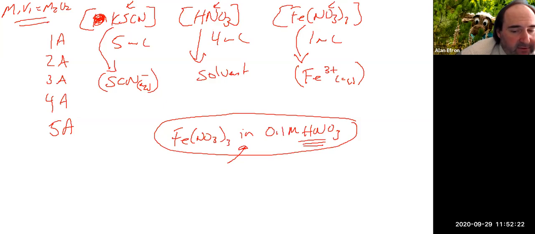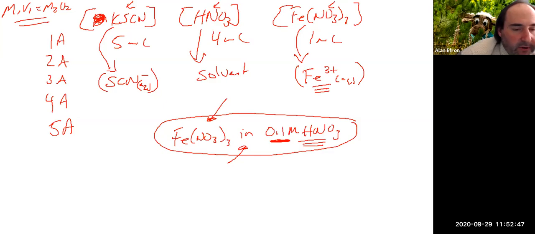So it has no effect, the nitric acid's concentration on anything. It is, again, just used as water, basically, or as a solvent in this particular case. So again, when you read that column, it says like iron 3 nitrate in 0.1 molar nitric acid. It basically is just iron 3 nitrate, and iron 3 nitrate is basically just the source of iron 3 ions.